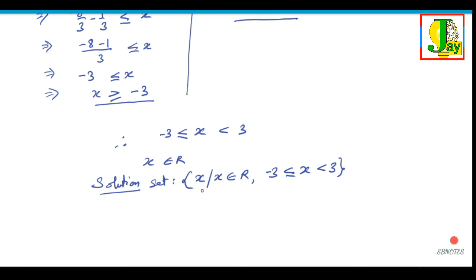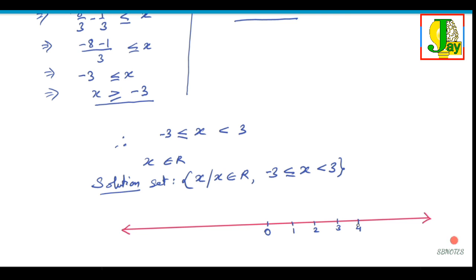Now we have to represent this on a number line. On the number line you have x exactly in between 3 and minus 3. So we can start with 0 in the middle, then 1, 2, 3.